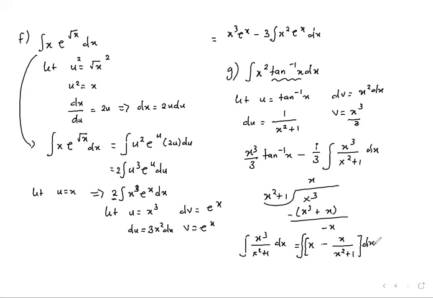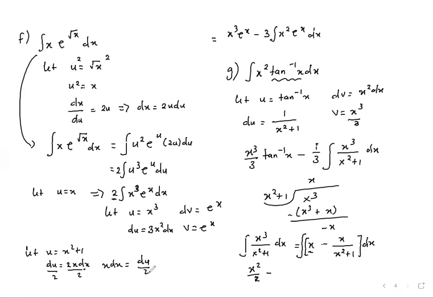dx. So when you do that, the integral of this x, you know it's x squared over 2. Minus, then this one now you use substitution. You let the denominator, u, be x squared plus 1. Then you differentiate it. So it becomes 2x dx. So x dx is equal to du over 2.